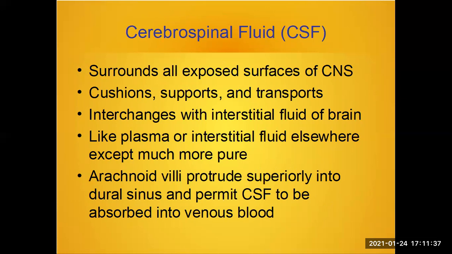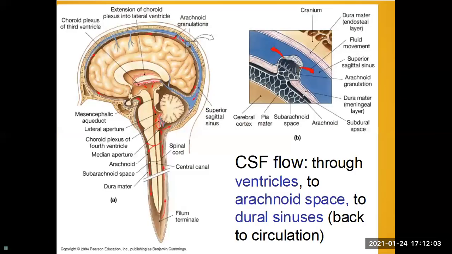Interchanges with interstitial fluid of the brain, like plasma or interstitial fluid elsewhere except much poorer in protein. Arachnoid villi protrude superiorly into the dural sinus and permit cerebrospinal fluid to be absorbed into venous blood. Cerebrospinal fluid flows through the ventricles and subarachnoid space to the dural sinus, back to circulation.